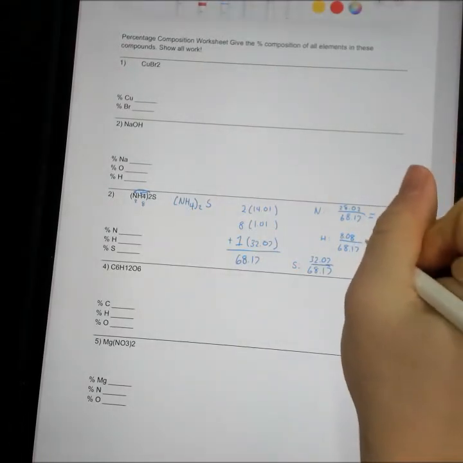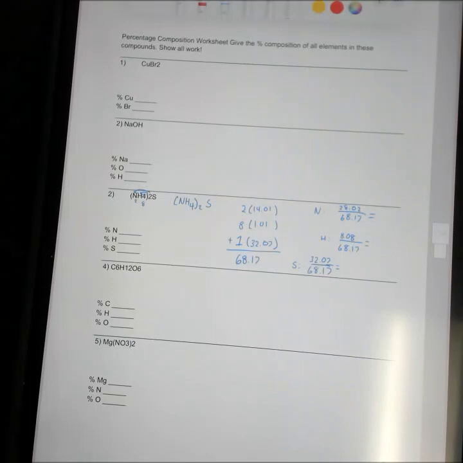And now our final step, and this will get us our decimal, then multiply by 100 and get percent.